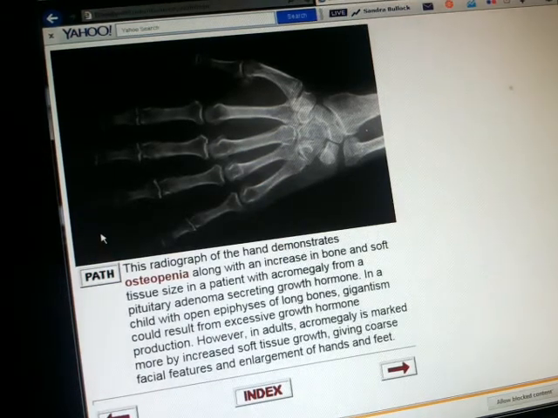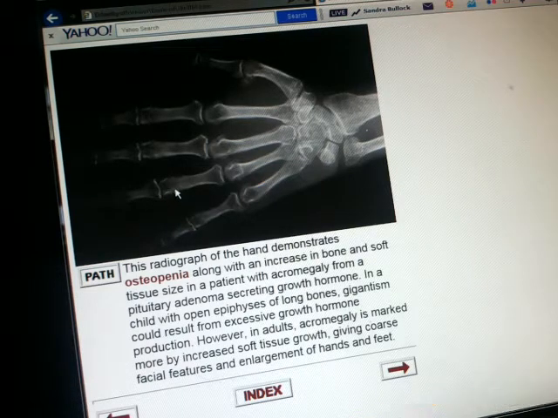Usually, pituitary adenomas, especially the secretory type, are associated with paraneoplastic manifestations, or manifestations due to the oversecretion of hormones. In this case, due to oversecretion of growth hormone, we can easily notice the enlargement of the soft tissue of the hand and osteopenia due to removal of calcium from the bone.